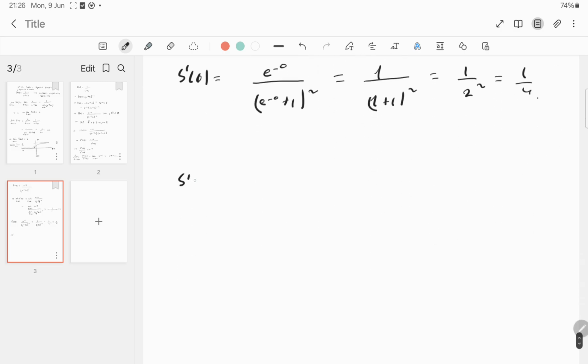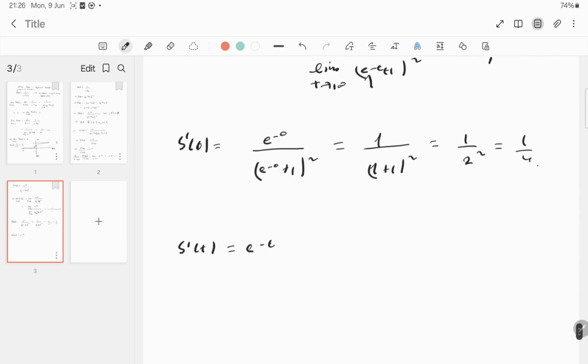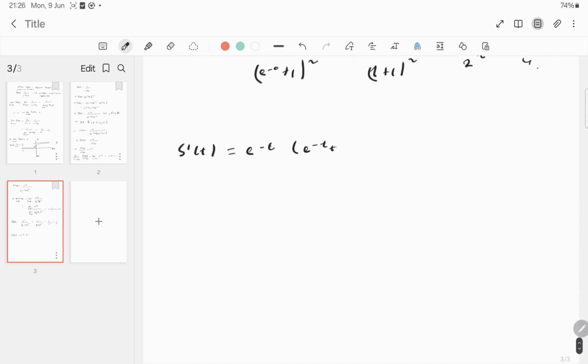So s prime of t is e to the minus t times e to the minus t plus 1 to the power of minus 2. I can take the second derivative and see what I get.